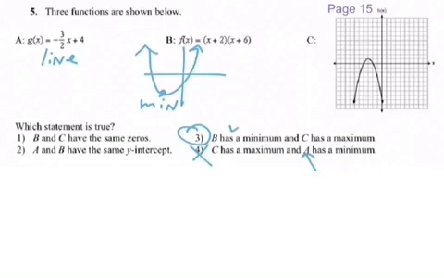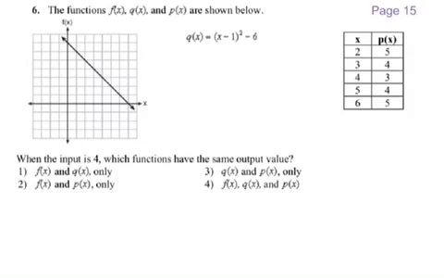Therefore, B has a minimum, which is correct, and C has a maximum, which would be correct. But again, you should always look at all of your choices, but they do not have the same zeros, which is where it touches the x-axis. These values would not be the same as the values of the other one, and A and B do not have the same y-intercept. Going on to question number 6, the correct answer should be choice 4.